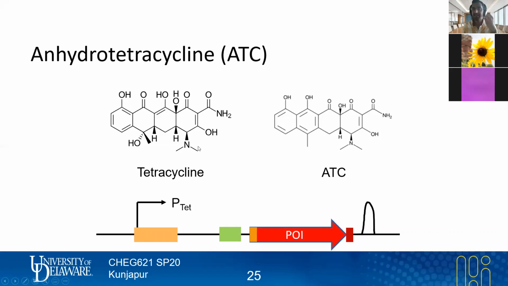But that is, I think, natively under the control of a TET repressor and an associated promoter. And so you can provide cells with a non-antibiotic version of tetracycline. It's just the anhydro form, so it's missing a hydroxyl group, which it looks to be, but the structure looks a little different in other ways, and hopefully just resonance.